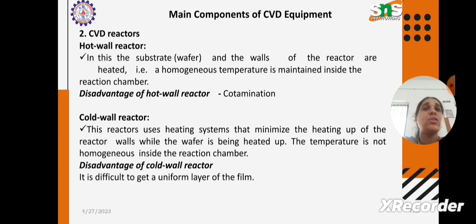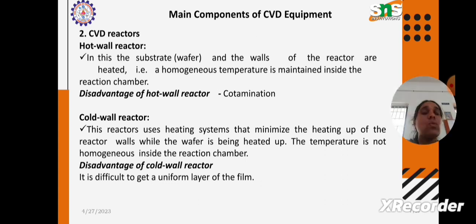In CVD, there are two types of reactors, the cold wall reactor and the hot wall reactor. In the hot wall reactor, the substrate, that is the wafer, and the walls of the reactor are heated. A homogeneous temperature is maintained inside the reaction chamber.